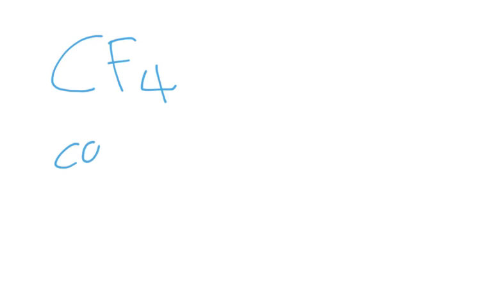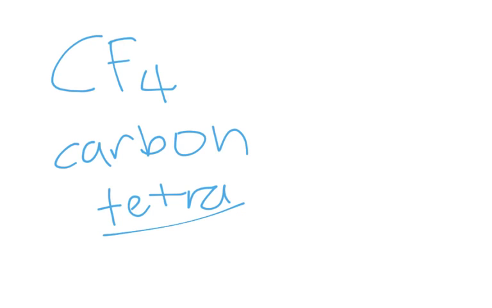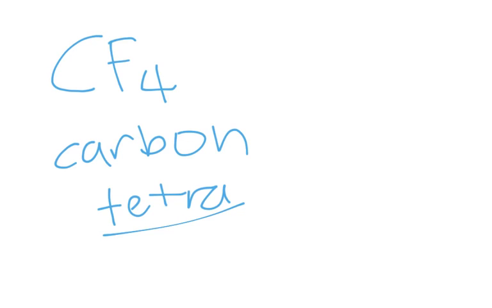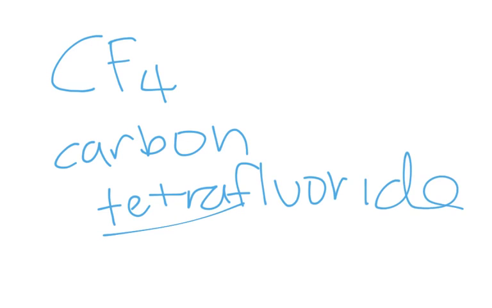This will be carbon, and we omit the prefix because the first element has only one atom. And our next word will be tetra, because there are four fluorines, and from the list, four will be tetra. So it's going to be tetrafluoride. So we use the "ide" form.